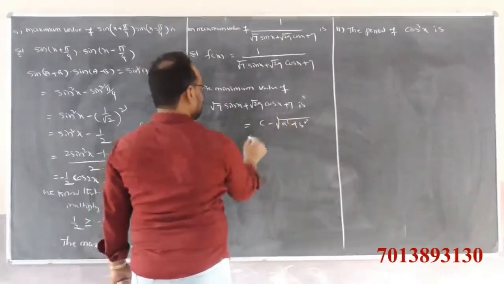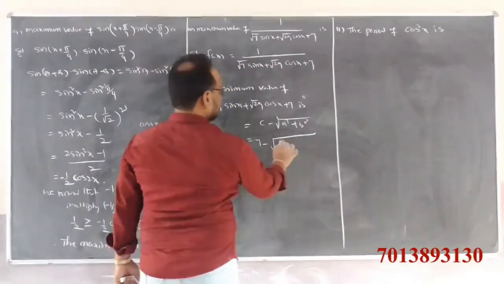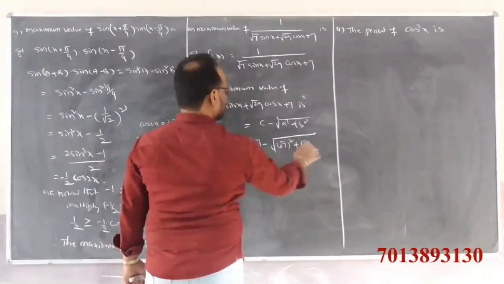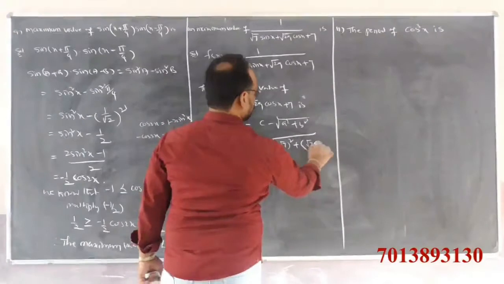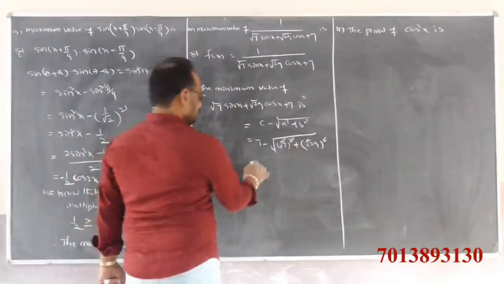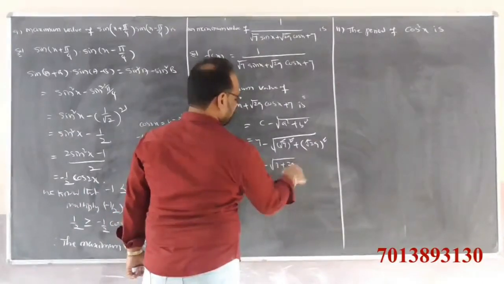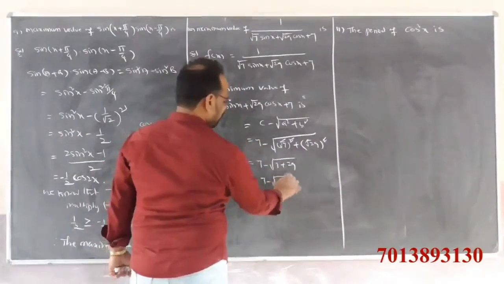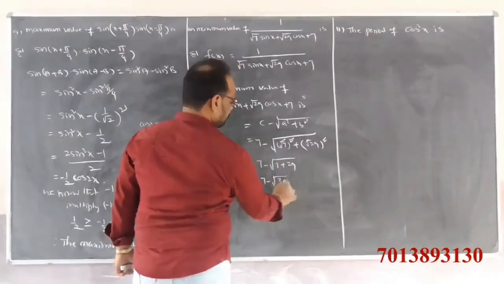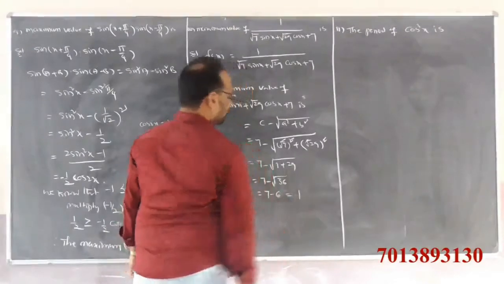That is 7 minus square root of 7 plus 29, which is 7 minus square root of 36, that is 7 minus 6, so we get 1.